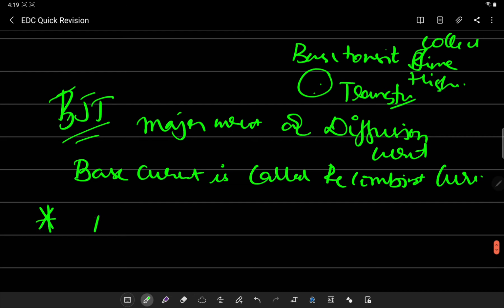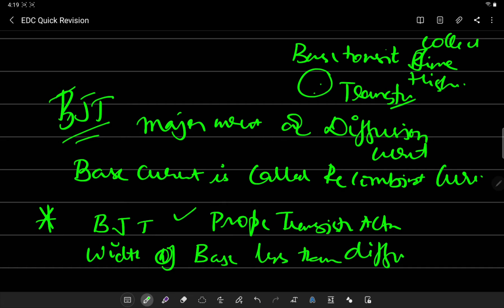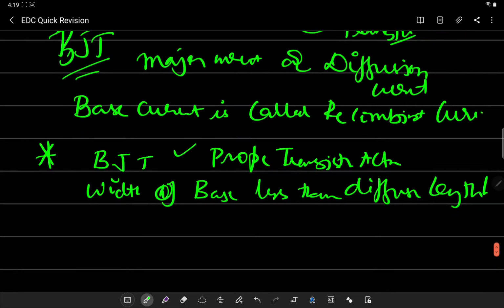Another important point: for proper transistor action, the width of the base must be less than the diffusion length. We'll understand what exactly these are in the future.